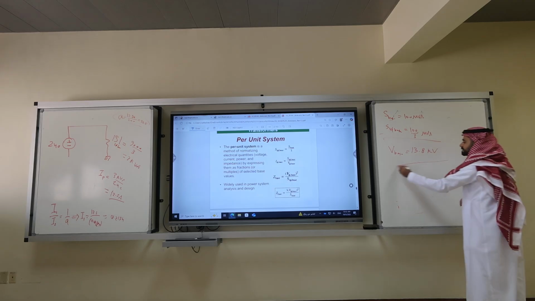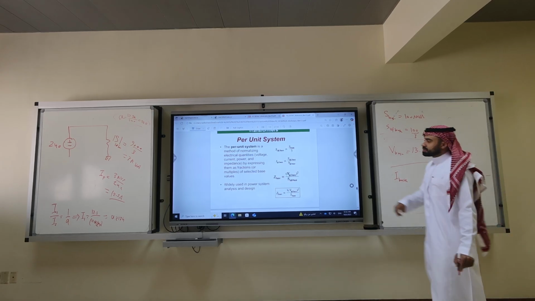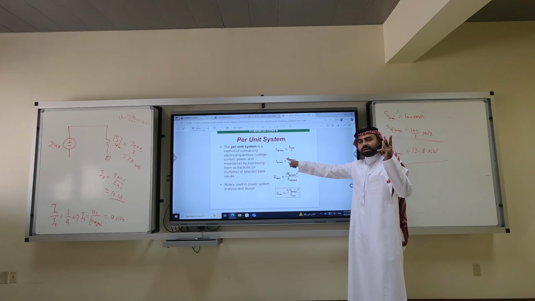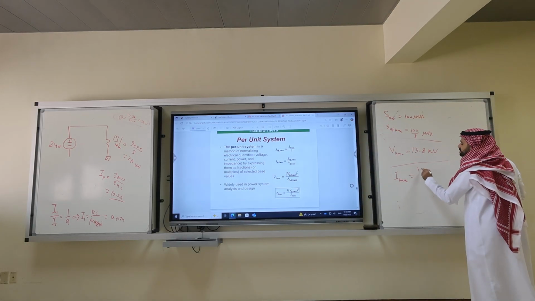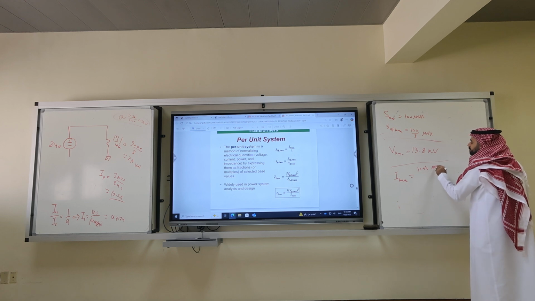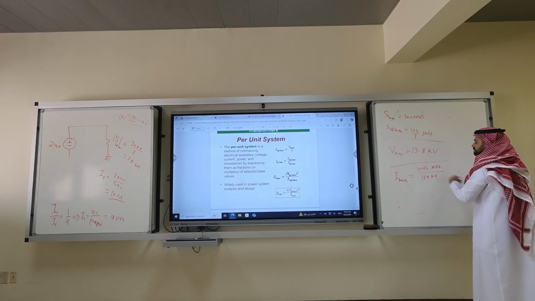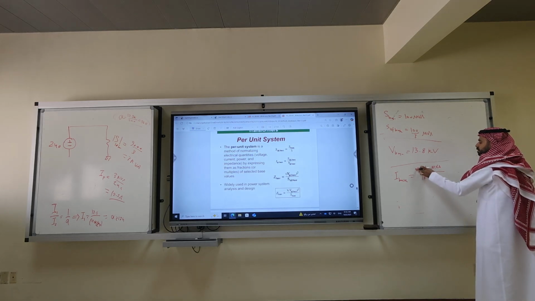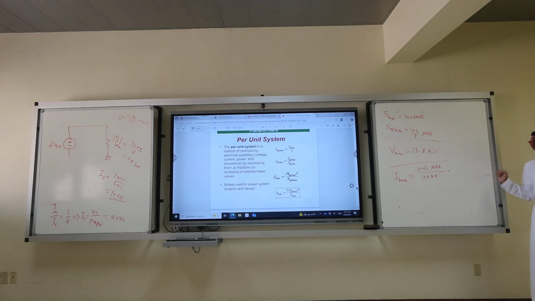What is I base? He used S for one phase divided by V base, which is 100 over 3 MVA over 13.8 kilovolts. What is 100 over 3 over 13.8? What is this number? Calculators, please.